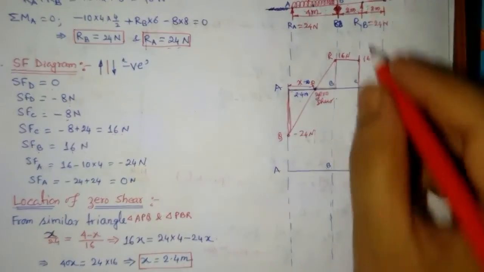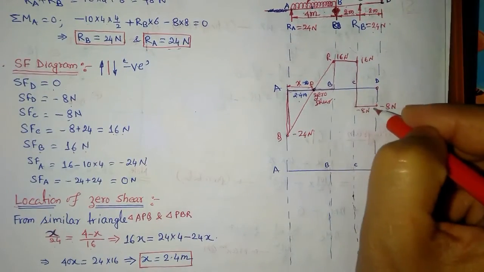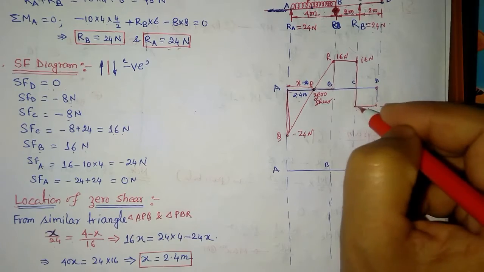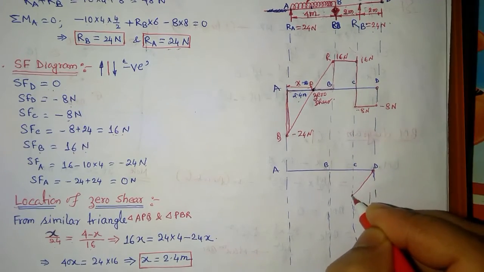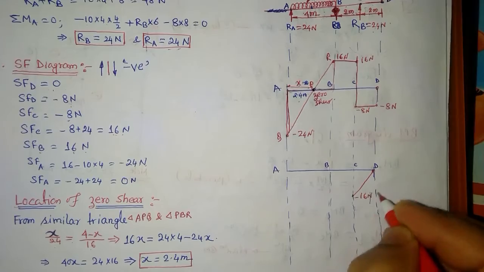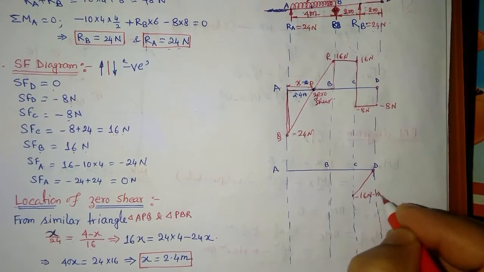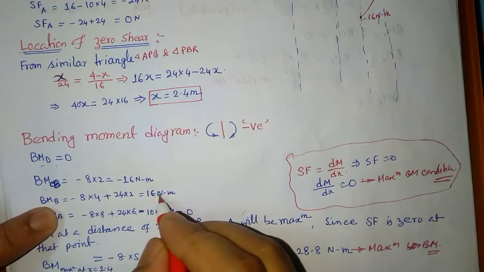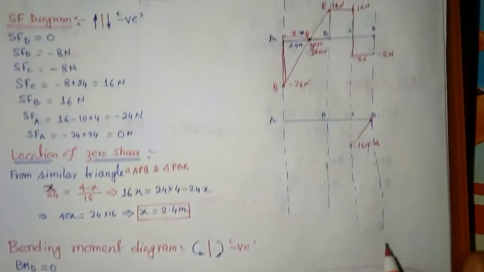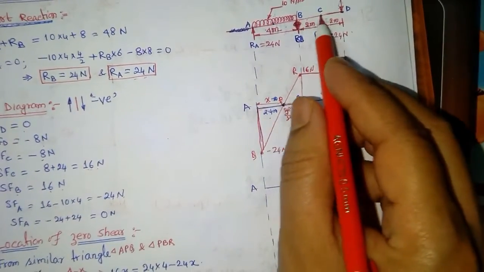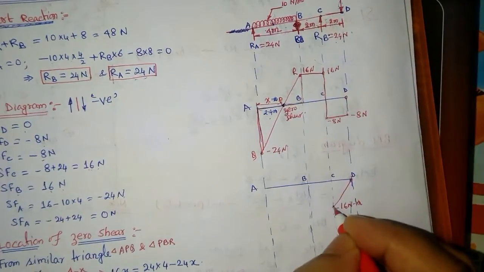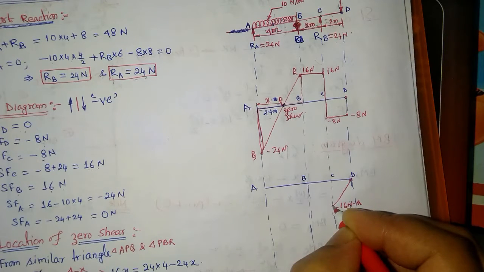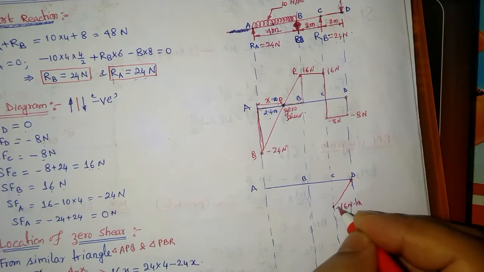If you see here we have a point load, so the shear force diagram is a straight line, so it is an inclined line, so minus 16 Newton meter. Okay, so now at point B we have 16 Newton meter. So from point C to B there is no load in between, so there is a variation from point C minus 16 to point B plus 16.